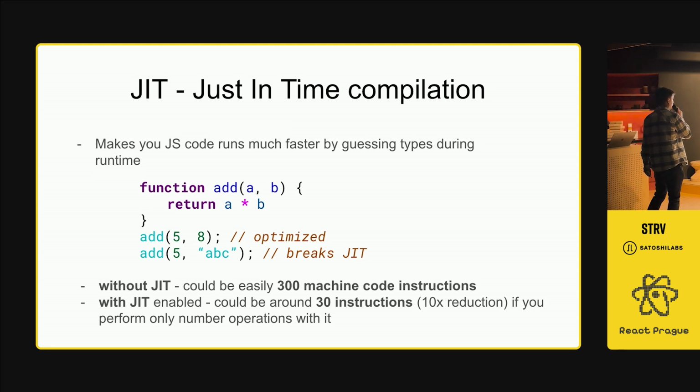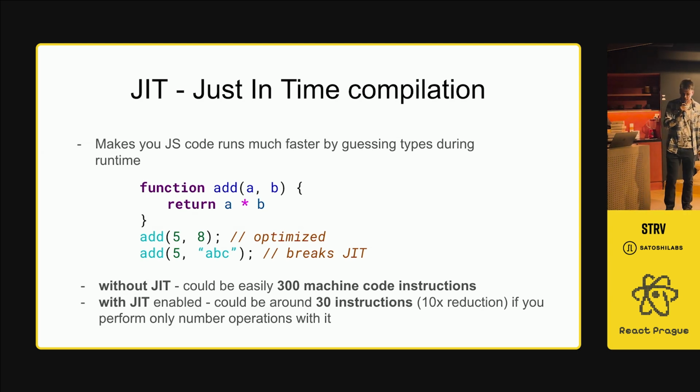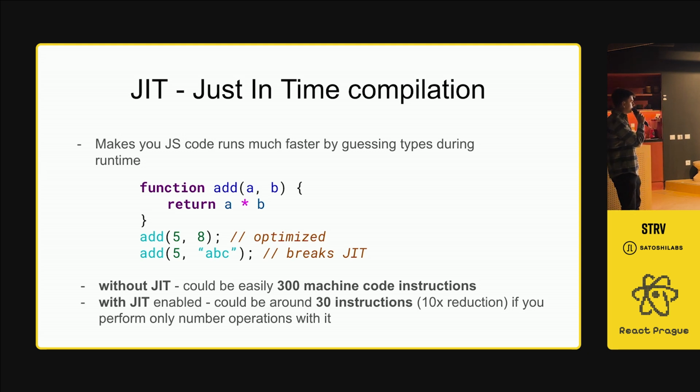Here is a very simple function that will add two numbers, and you can see the first call of this function is with numbers. So JIT may pick it up and guess, okay, the user or whatever is using this code wants to use it only with numbers, so I can optimize it. How does this work?